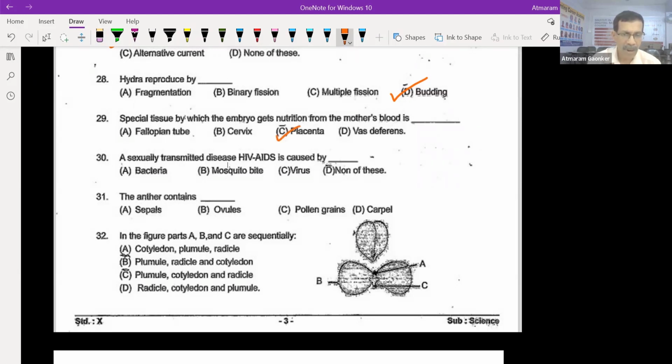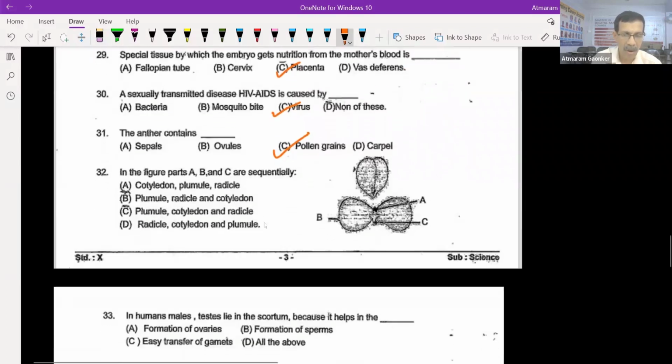The sexually transmitted disease HIV/AIDS is caused by bacteria, mosquito, virus, or none of these. It is due to the virus. Then the anther contains pollen grains.